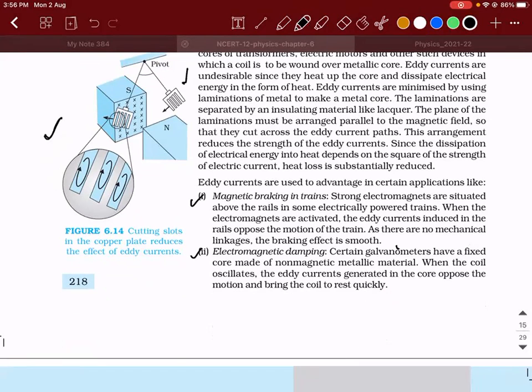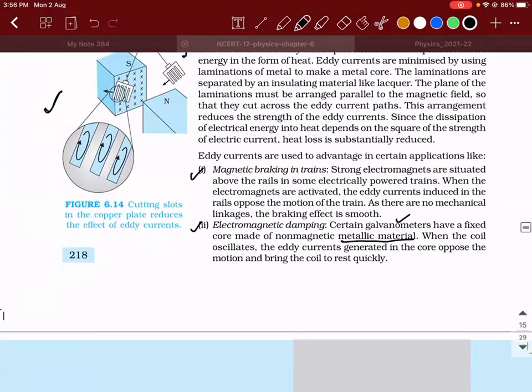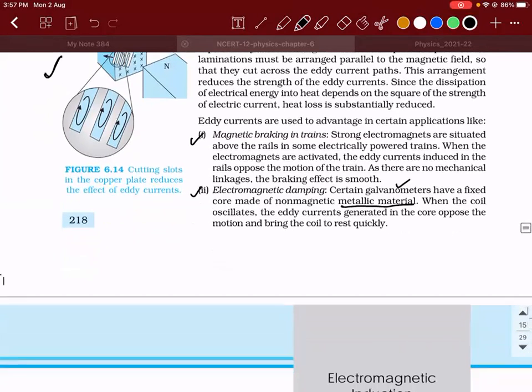Certain galvanometers have a fixed core of a non-magnetic metallic material, meaning it is either paramagnetic or diamagnetic. When the coil is oscillating in the presence of a magnetic field, there is a possibility of eddy current being generated. And due to this eddy current, it will oppose the motion and bring the coil to rest quickly.